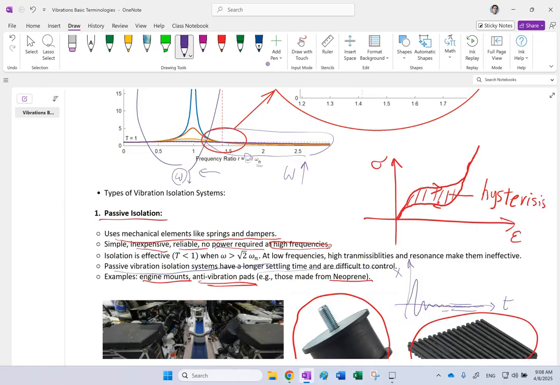And this time here is called the settling time, which I explained in vibration controls, and it is like 4 over zeta omega n or 5 over zeta omega n, depending on what percentage you use, 2% or 5%. This can be quite long, so you'll feel the vibrations for some time before it literally settles down to 0 or very small numbers.